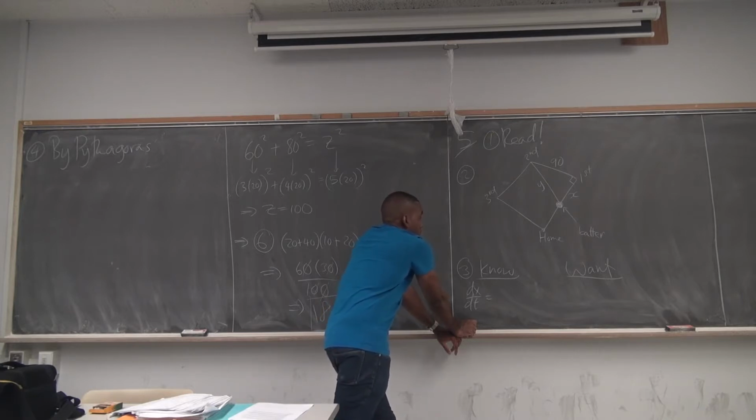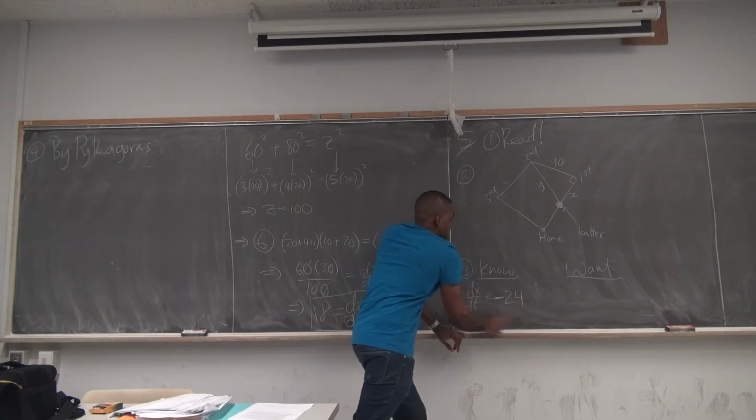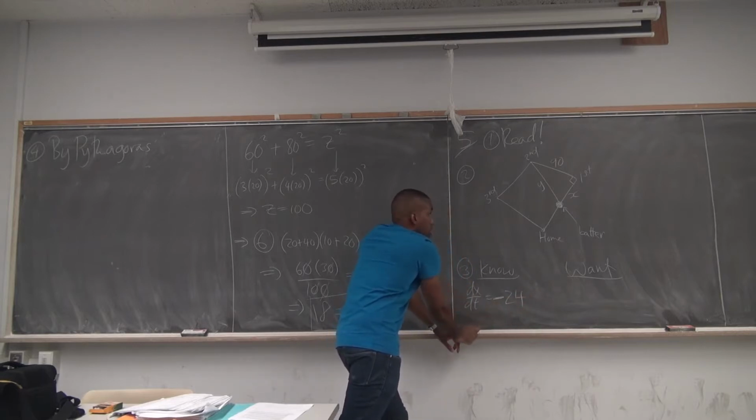What's going to happen to x in this picture as time goes on? It's going to decrease. So, what's dx dt? Minus 24. Because x is decreasing. You need that negative sign.